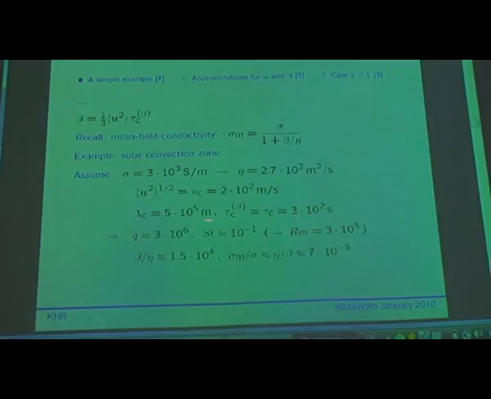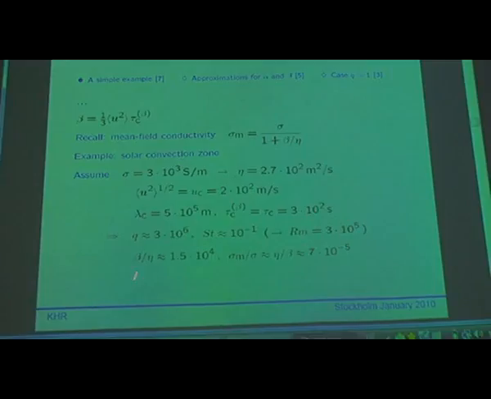If I then calculate my parameter q, I find a number bigger than 10 to the 6. That means I'm really in the limit of large q. The Strouhal number is 1/10, so that we could say that the approximation we have made here is still justified, and we can calculate that we have a Reynolds number of this order.